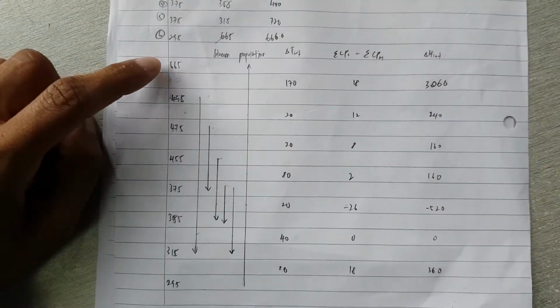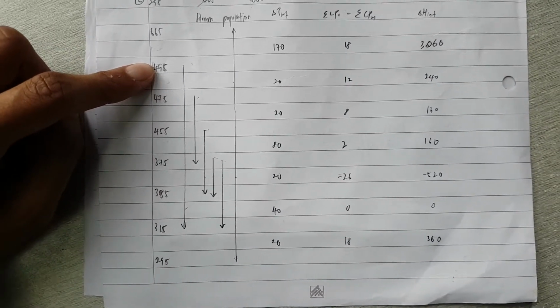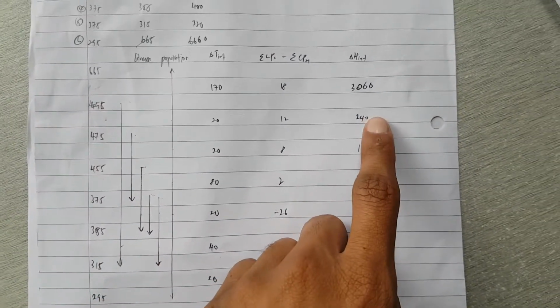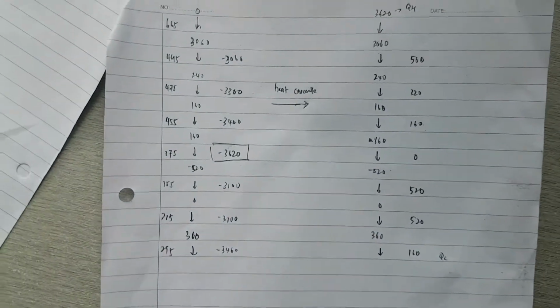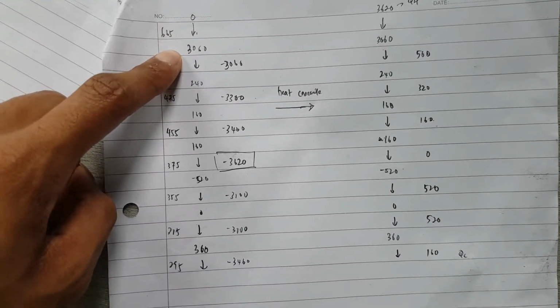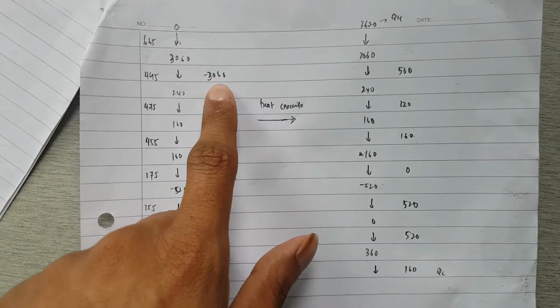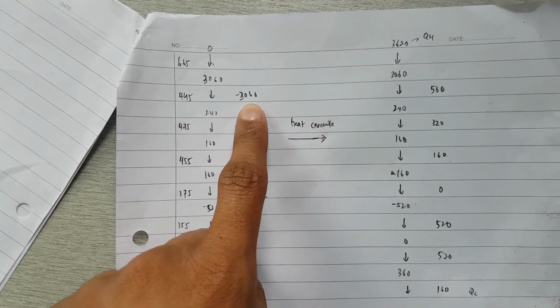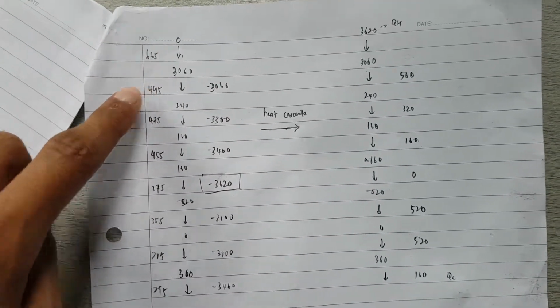For the temperature interval from 665 degrees Celsius down to 495 degrees Celsius, the corresponding enthalpy is 3060. So 0 will be subtracted by 3060 to obtain negative 3060. This is the accumulated enthalpy for this temperature interval.